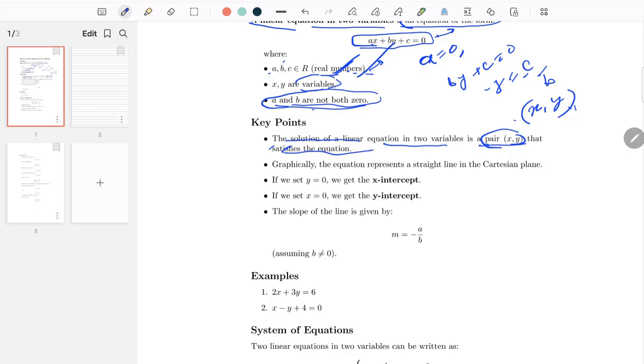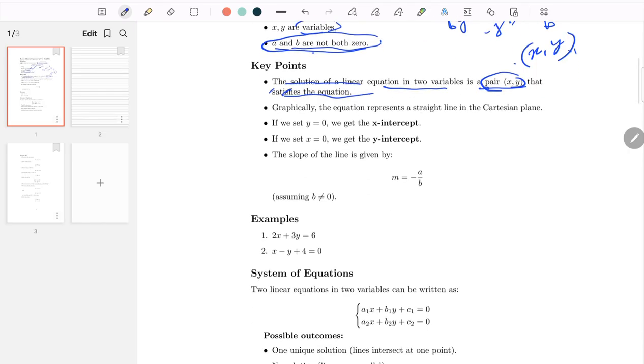Graphically, the equation represents a straight line in the Cartesian plane, because x and y both are linear, that means their degree is 1. So if we draw on the Cartesian plane, they always represent a straight line.